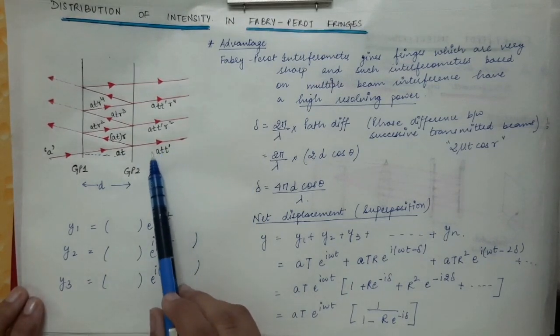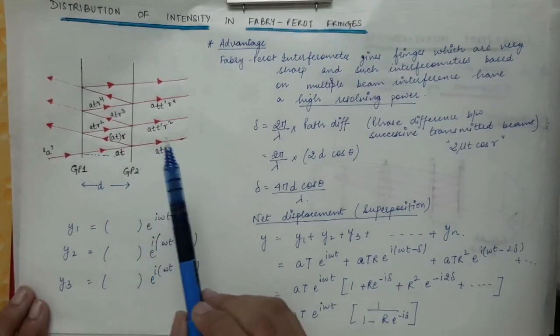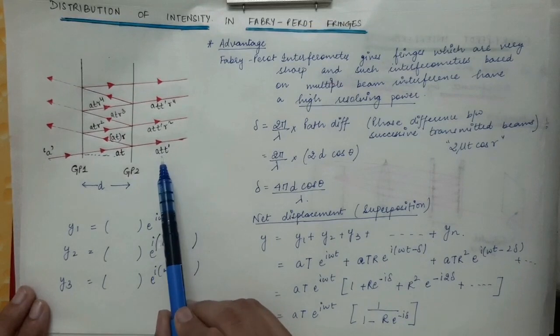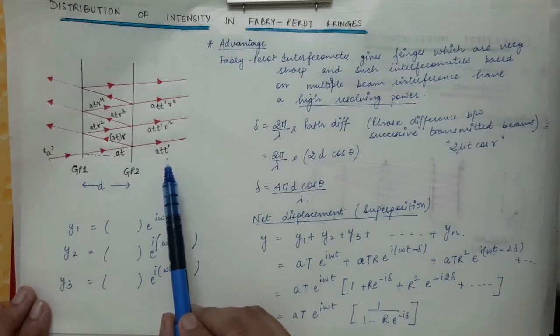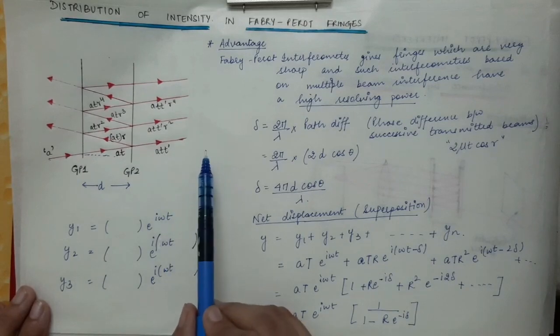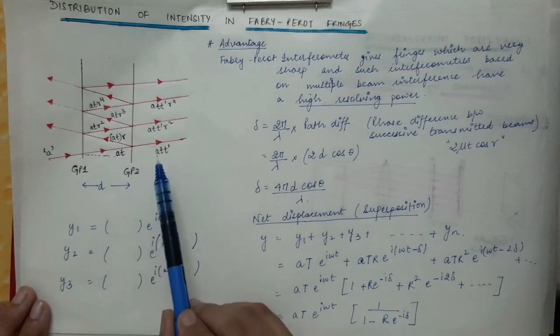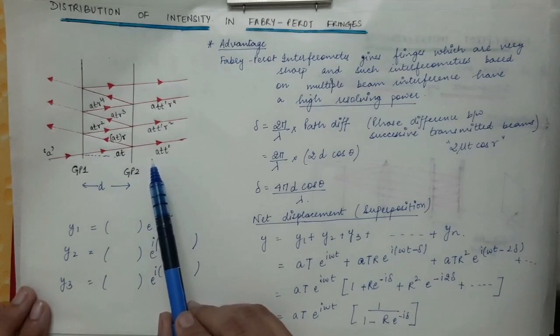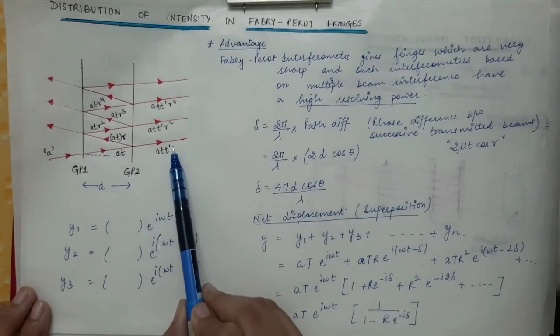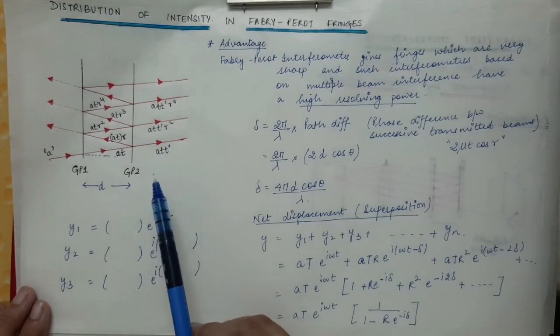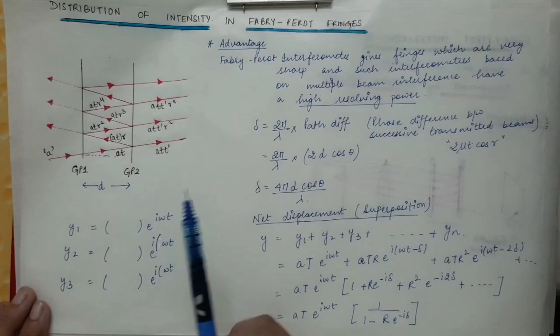Over here, what will be the amplitude? In the article on phase change on reflection, we saw that T1 into T2 was equal to 1 minus r square. In that article we got the Stokes equations, where t into t prime came out to be equal to 1 minus r square.